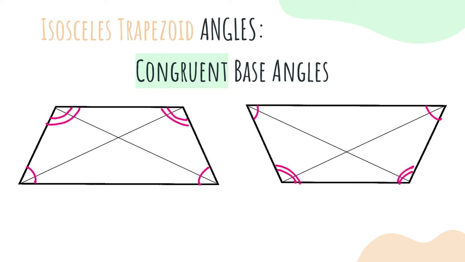So base angles don't just mean what's on the bottom. Base angles mean the pair of obtuse angles and the pair of acute angles. But they're not all congruent to all four. That would mean that we were dealing with four right angles. The two that share the short side are congruent, and the two that share the long side are congruent.